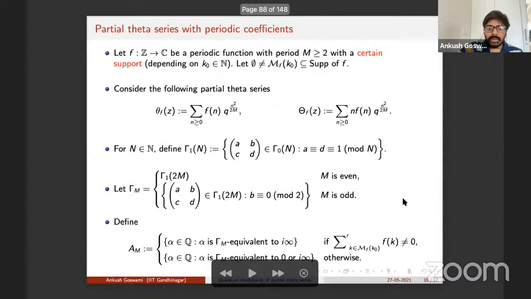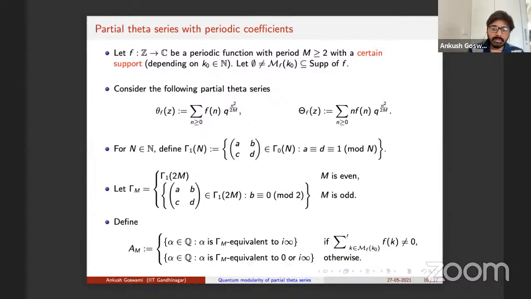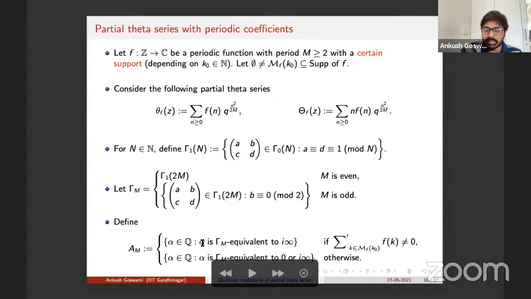Then you define a subset of the rational numbers, the set of all rational numbers alpha where alpha is gamma m equivalent to i infinity under this condition, and alpha is gamma m equivalent to 0 or i infinity otherwise. So you define this set.